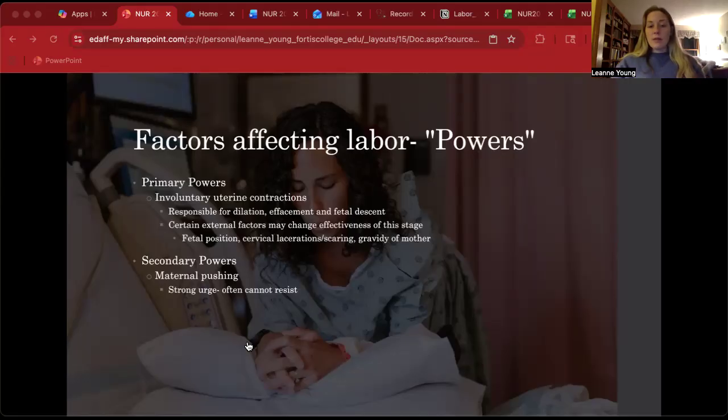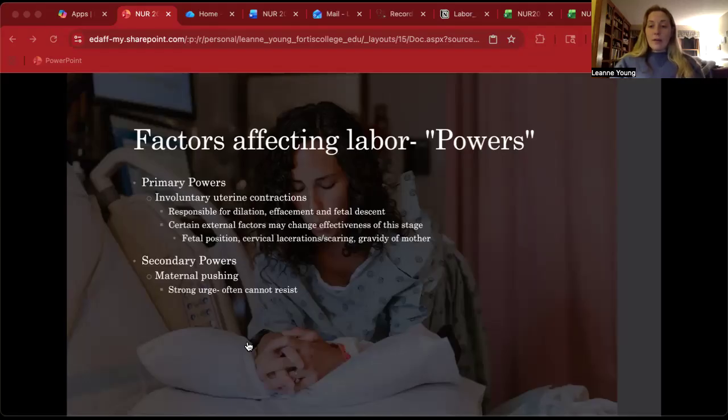If mom has previous history of cervical lacerations or any type of scarring, that can also sometimes impact how quickly she is going to be able to efface and dilate in labor. I know I mentioned last week a LEEP procedure. If a woman's had a LEEP procedure or any type of surgery near her cervix or on her cervix, that can lead to difficulties in labor.